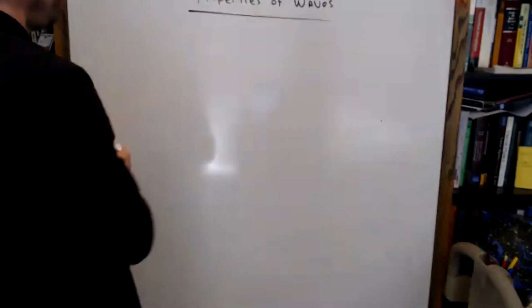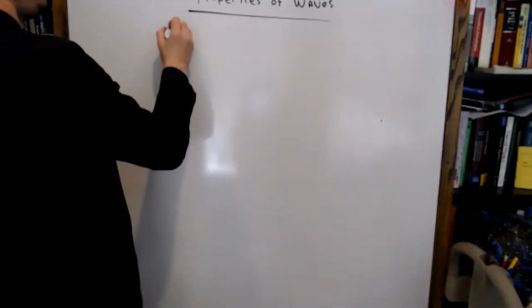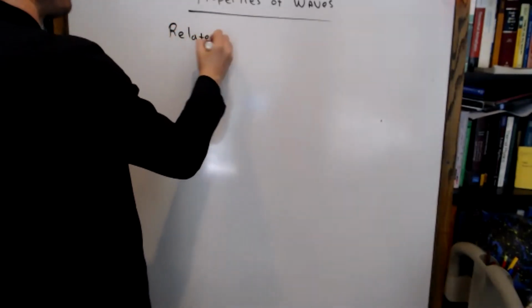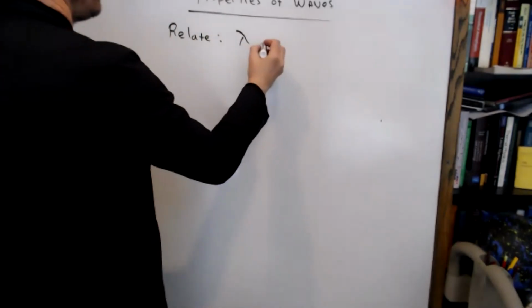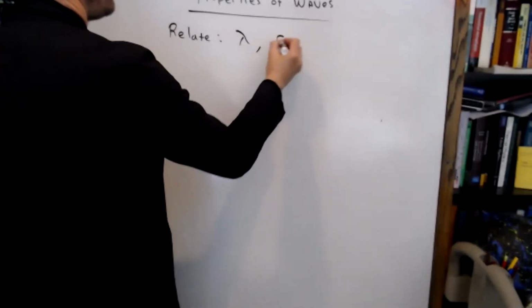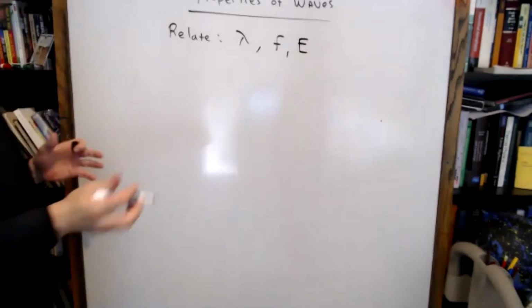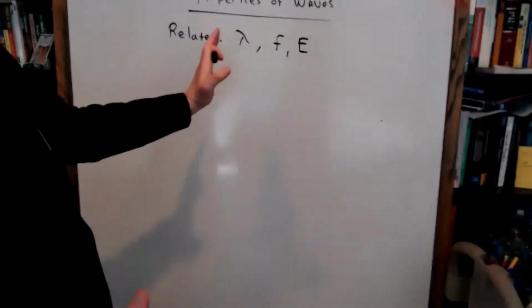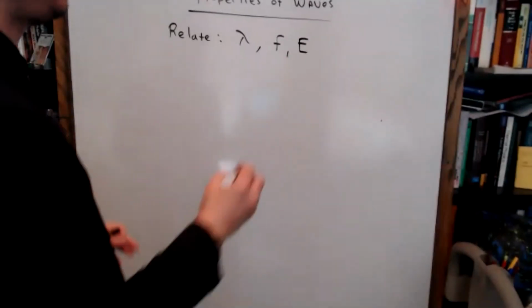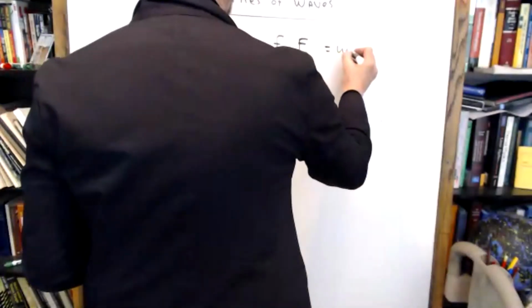We can relate the wavelength, the frequency, and the energy to one another. A single photon has a unique wavelength, frequency, and energy. And if you specify one, you specify all three.